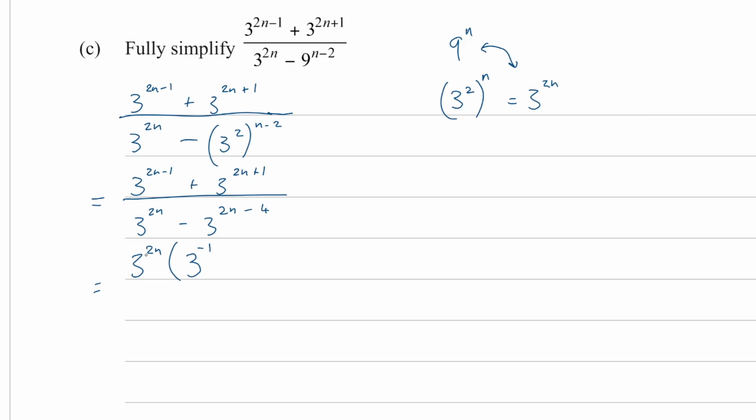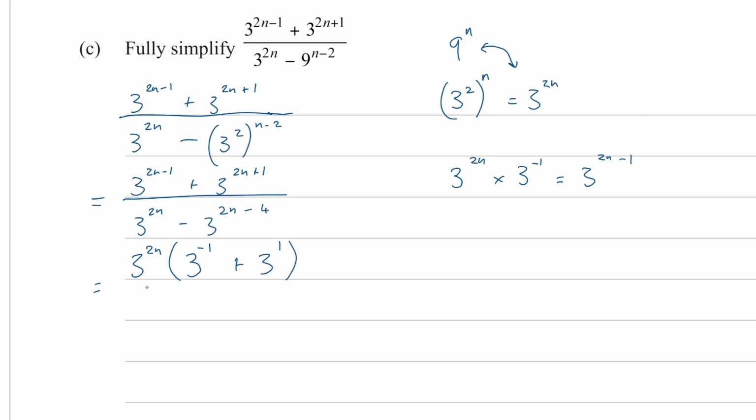So here, 3 to the power of 2n multiplied by 3 to the negative 1 is 3 to the power of 2n minus 1, right? We add the powers with the same base. So for this one, we'd get 3 to the power of 2n minus 1. Similarly, this term would be 3 to the power of 1, right? To expand it to get that term. So we've factorized the numerator.